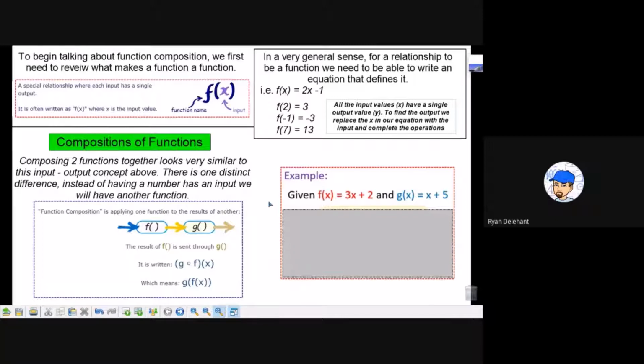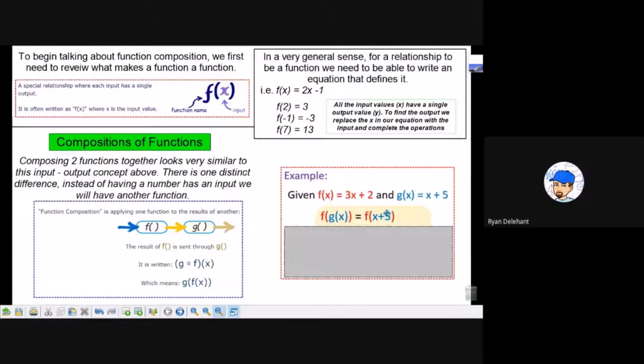We've got two functions here. f of x is 3x plus 2 and g of x is x plus 5. I'm going to find f of g of x. So what this says is the function f of x, the input is g of x, and g of x is x plus 5.